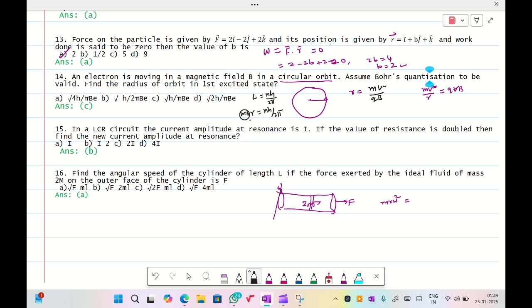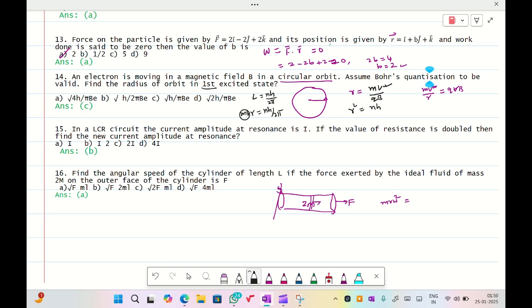And here nh by 2 pi is not given. So what will we go with? I will substitute mv here. mv is equal to nh by 2 pi r. Therefore, r square is equal to n into h by... and the radius of orbit is for the first excited state.